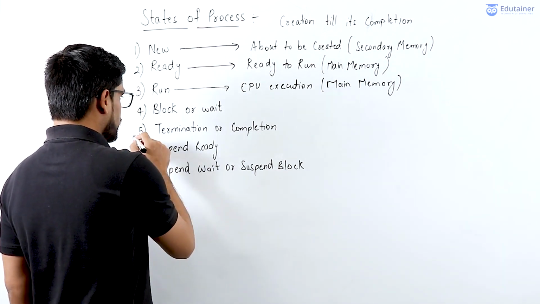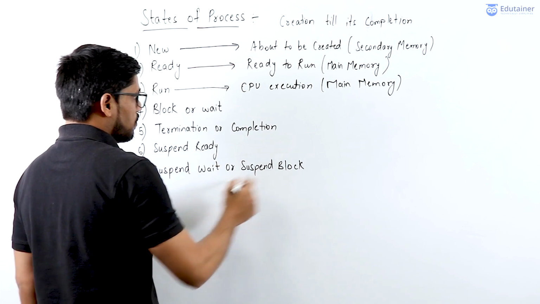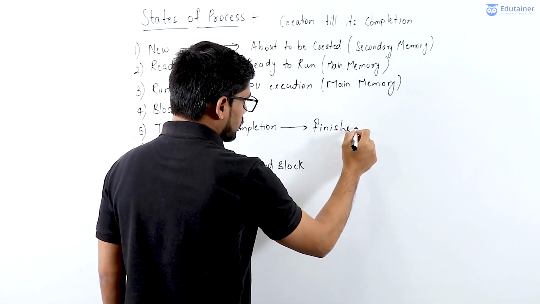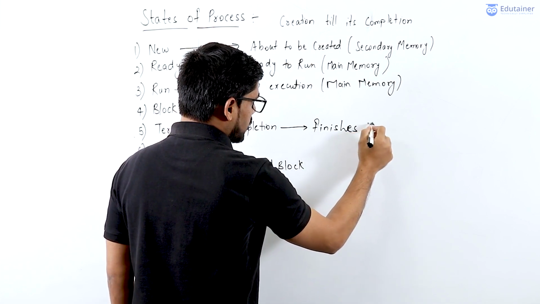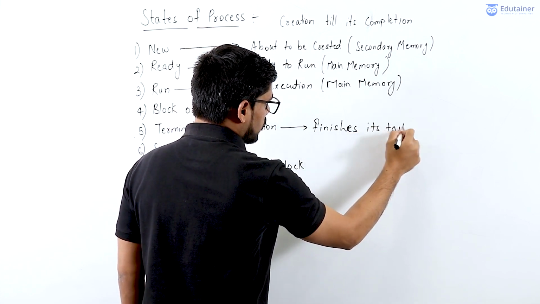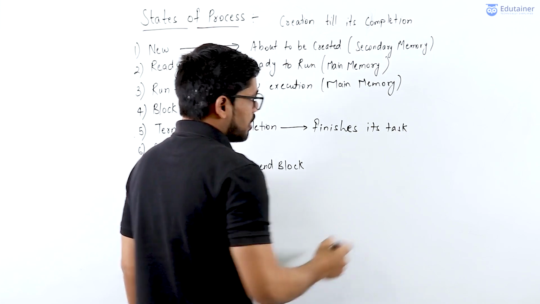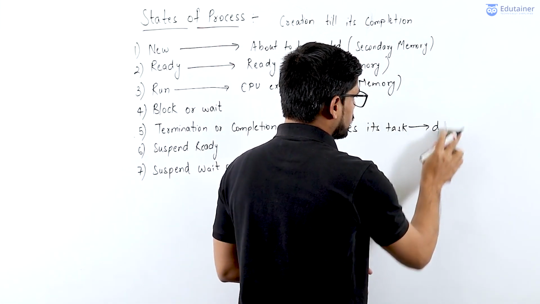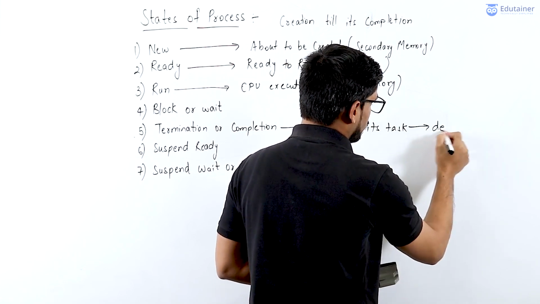After the CPU picks the process, if it completes its execution, then this process will finish its task. So the next, fifth state, which is termination or completion, denotes that the process finishes its task, and after finishing its task, it will be deleted or killed by the CPU or operating system.